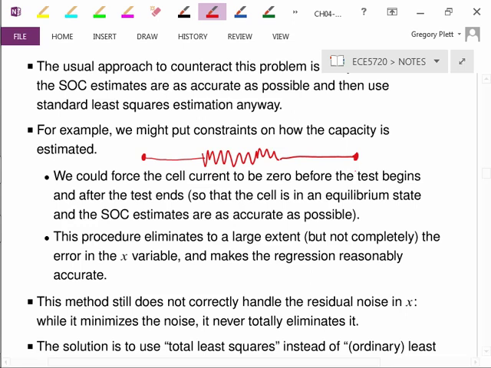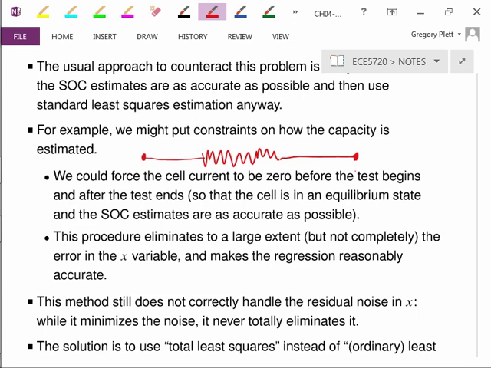Often we try to do that over as long a period as possible so that I can integrate a lot of ampere seconds to make the noise in the X variable as little as possible, to actually expose capacity as much as possible, thinking about the sensitivity analysis we did at the beginning of the chapter.